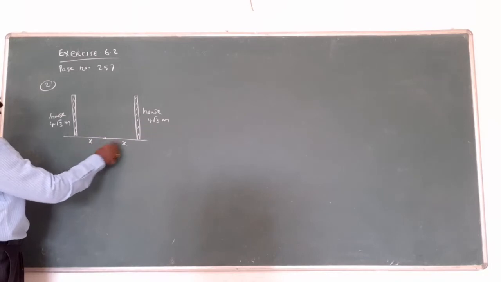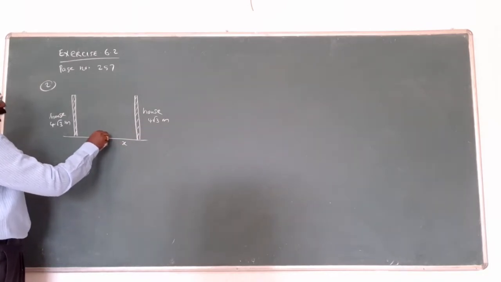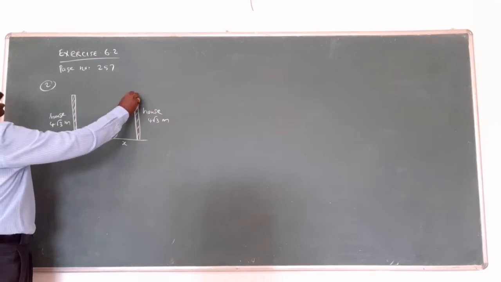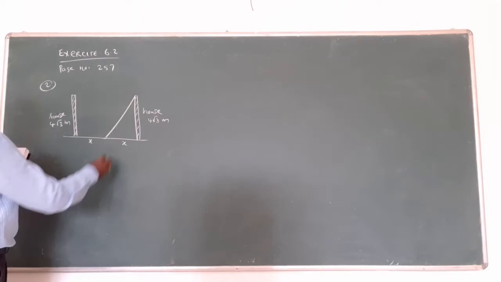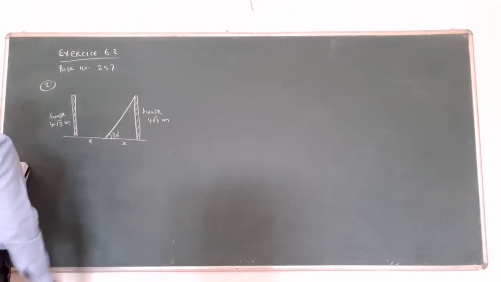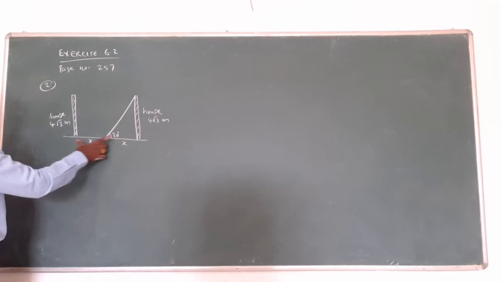Automatically the lengths will be equal. This median length will be equal. One man is standing here in the median, and the angle of elevation of the house is 30 degrees. Am I right? Find the width of the road. 2x is asked. Width of the road means from here to here.